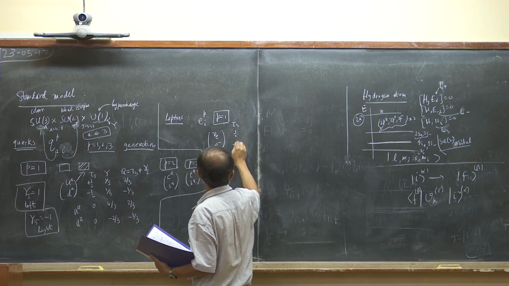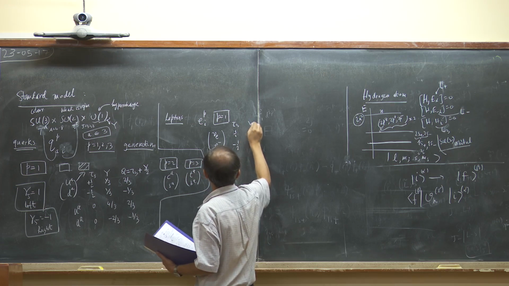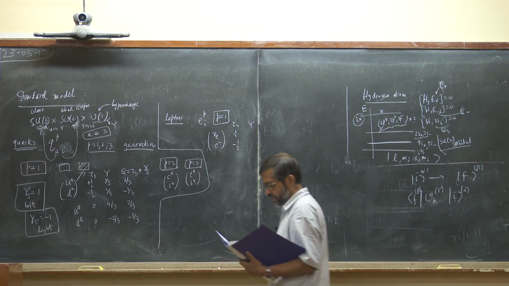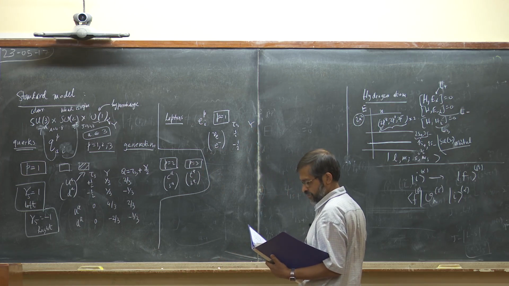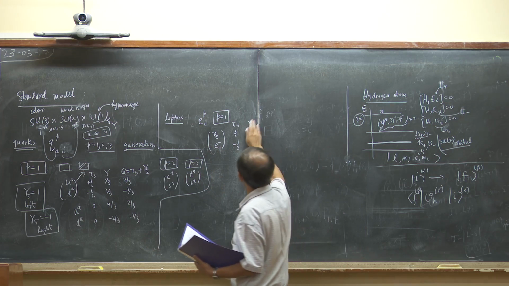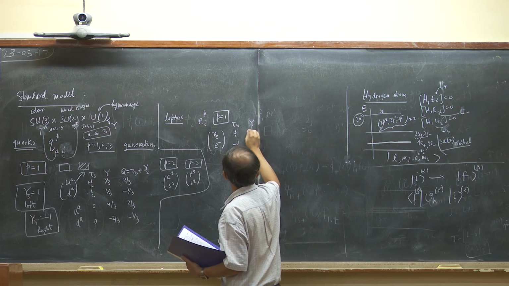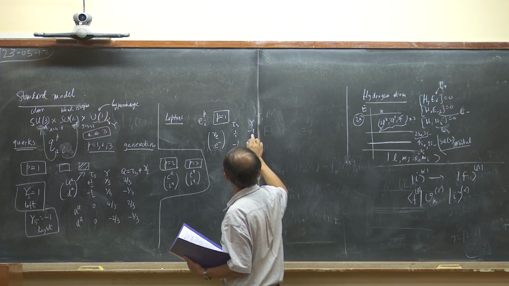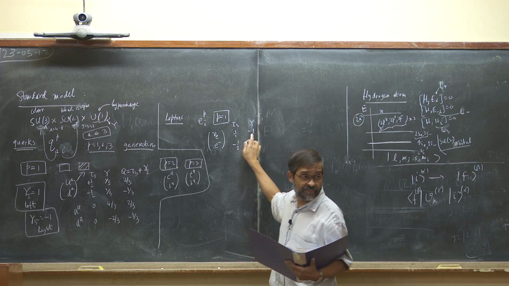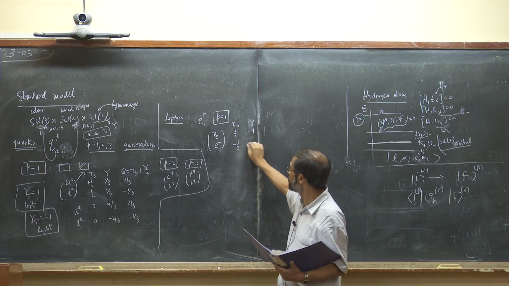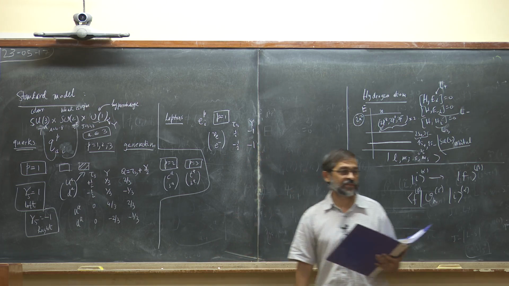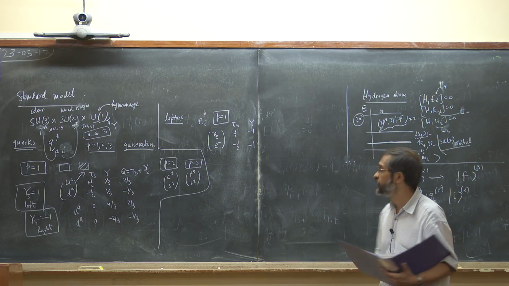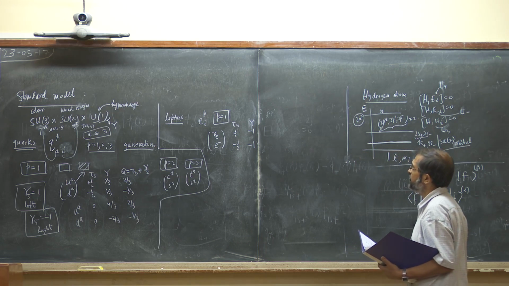So it's half and minus half, and y comes again from phenomenology. But once I have assigned some quantity here, I must put the same hypercharge here as well. Okay, so it's -1 and -1.